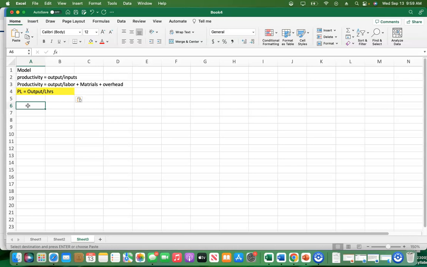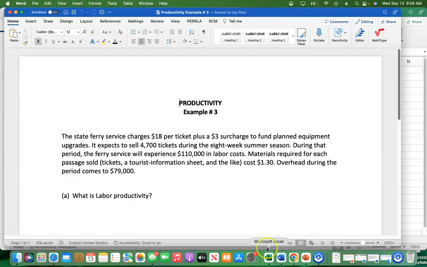And then I'm going to define the output, and also I will define the inputs. So let me start with the output. We have seen from this example that the company is expecting to sell 4,700 tickets during the 8-week summer season.